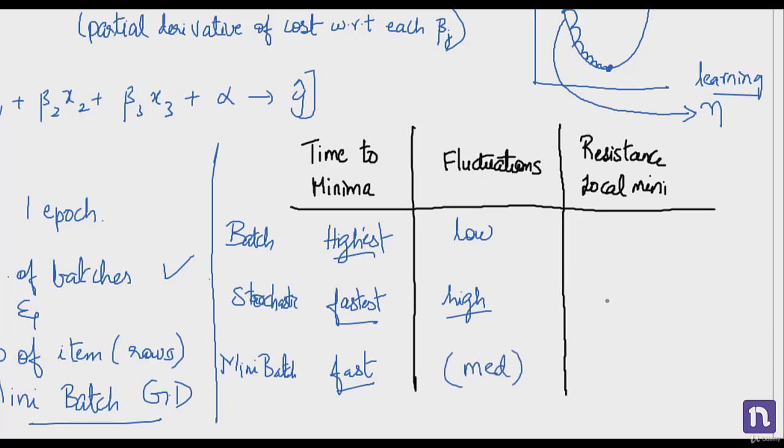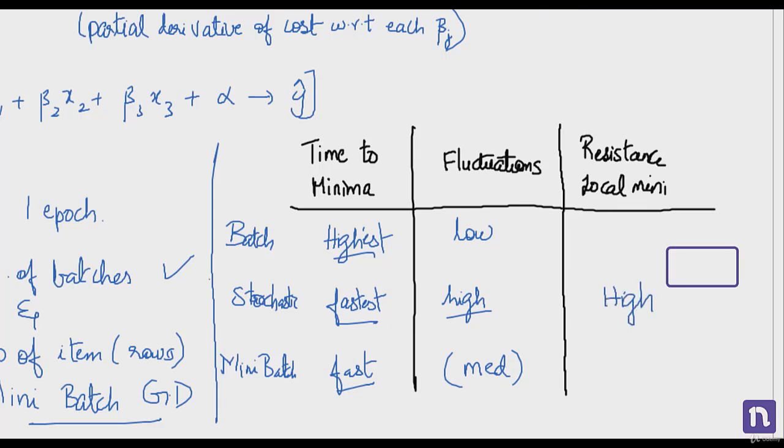Now, the good thing about stochastic gradient descent is it is highly resistant to local minimas. Imagine the profile of the cost function has local minimas like this. Suppose this is your minima. It is not to be assumed that a batch gradient descent is not capable of finding the local minima. Batch gradient descent can certainly find the local minima, but by design, the stochastic gradient descent after reaching this point still keeps on fluctuating.